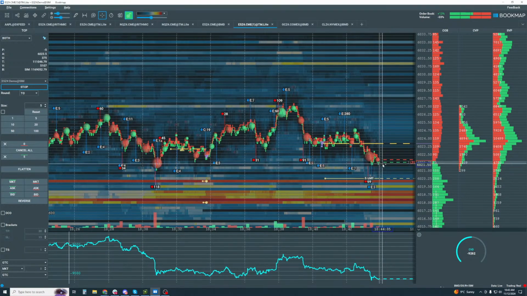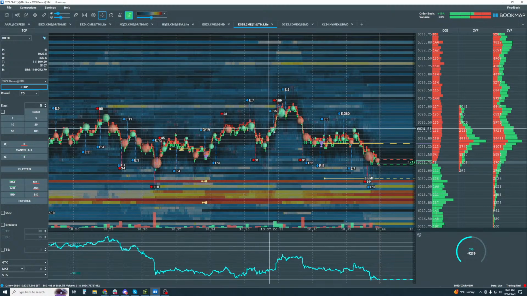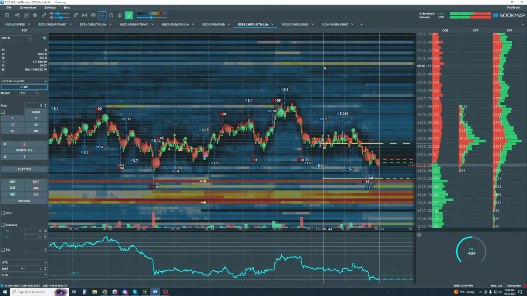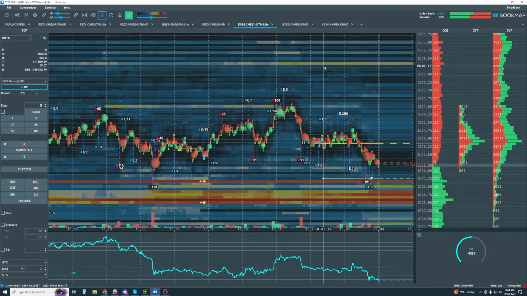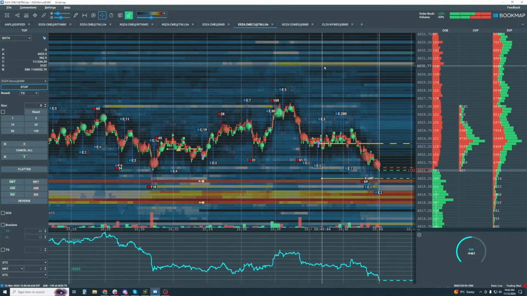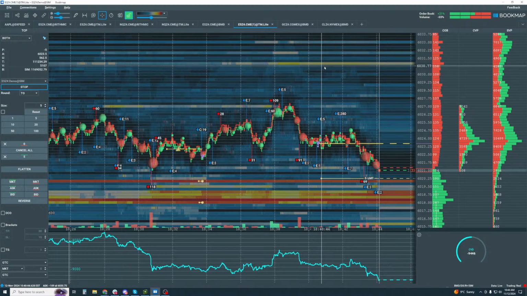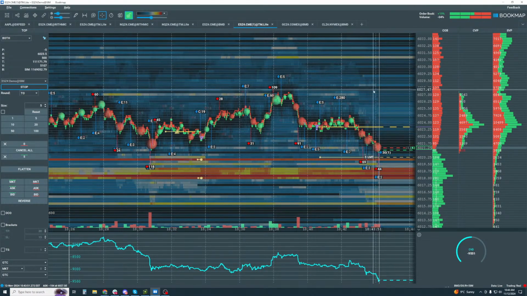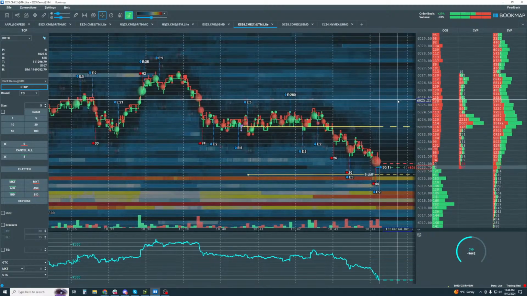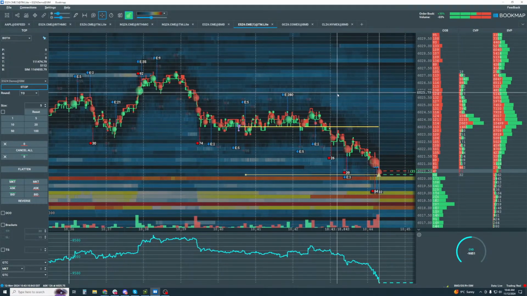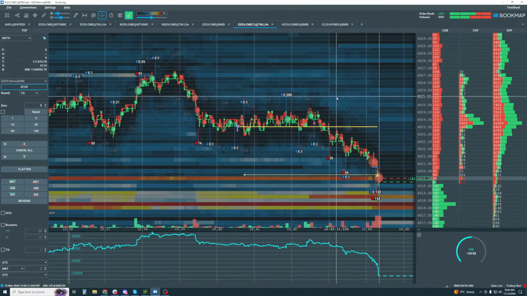And let's see if they can squeeze these buyers in here and push it into our high liquidity down here at 60.20. There we go. There it is.